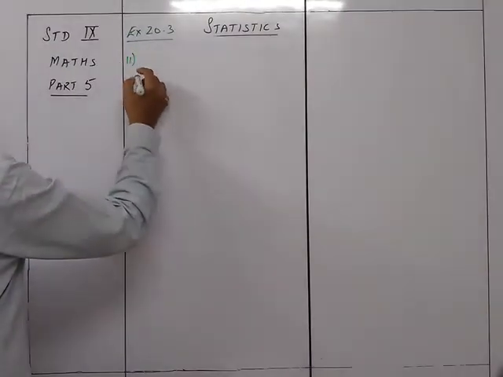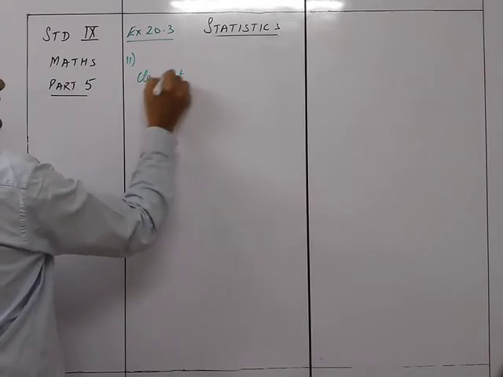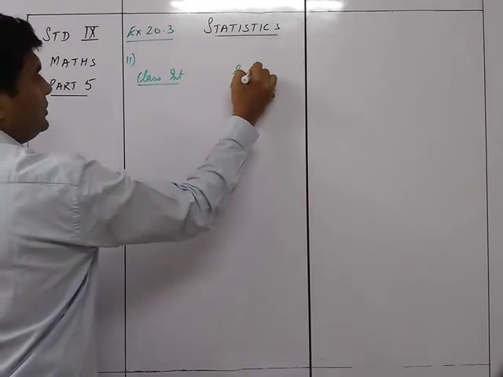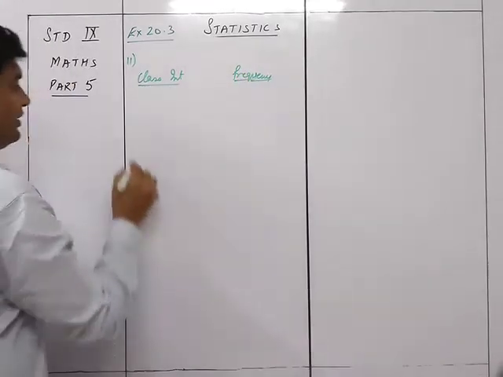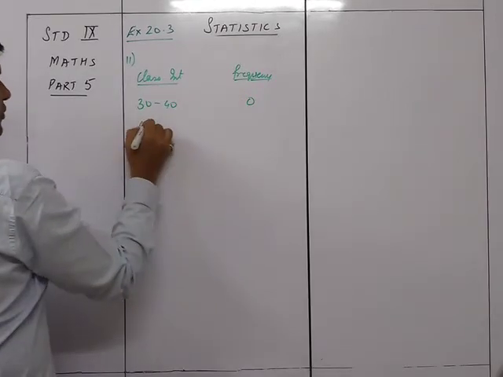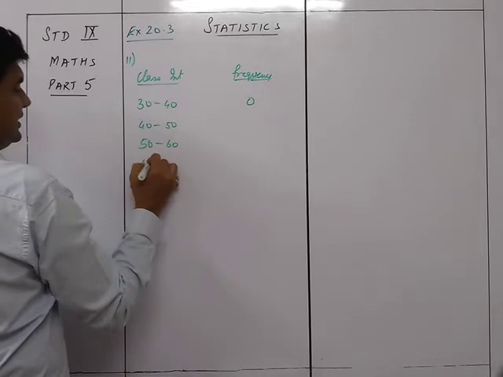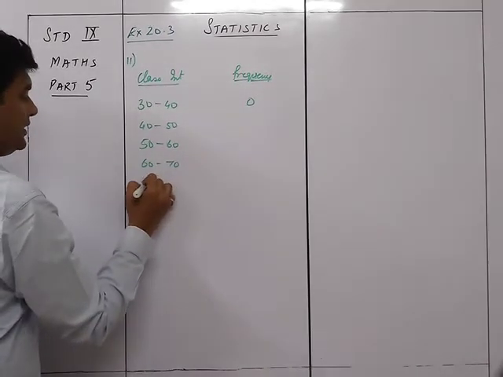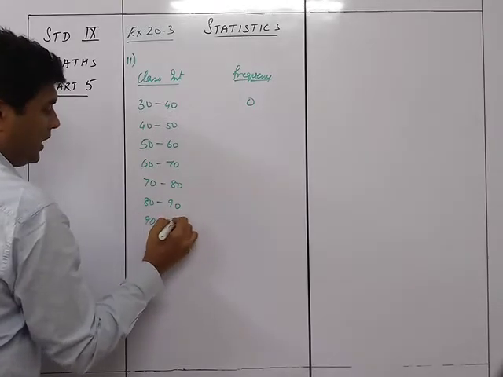So you have over here first the class interval and then the frequency. So they have given us the class interval starting from 40 to 50. So I'll start with 30 to 40 as 0, and then say 40 to 50, 50 to 60, 60 to 70, 70 to 80, 80 to 90, and 90 to 100.